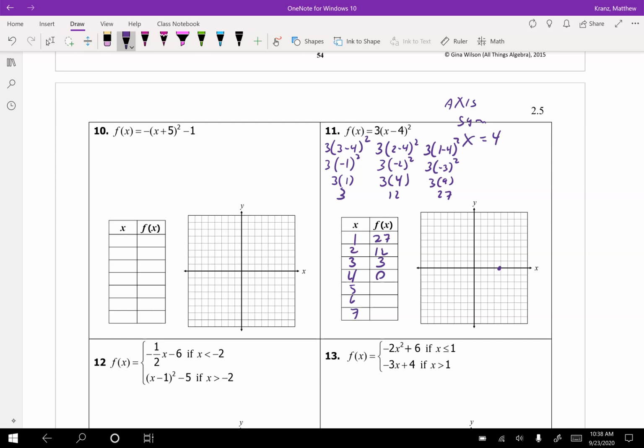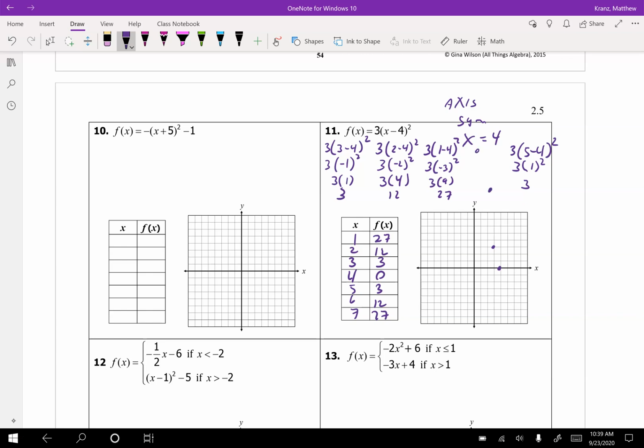So 5 would be 3 times 5 minus 4 squared. 3 times 1 squared is just 3. And this will be 12, and this will be 27. It's going to have the same pattern. So now I have 3, 3, which is right there. I have 2, 12, which will be all the way somewhere up here.